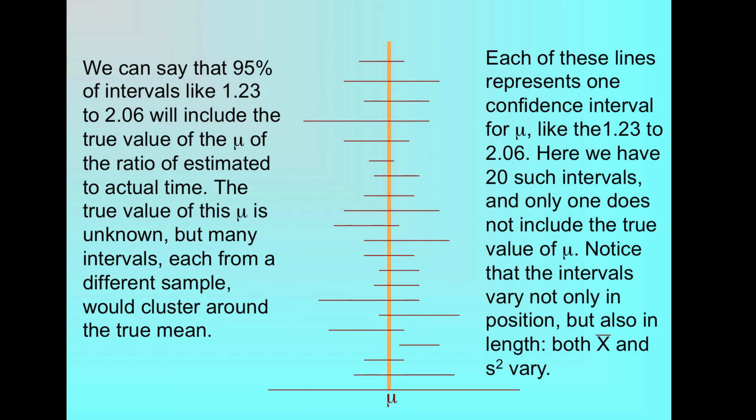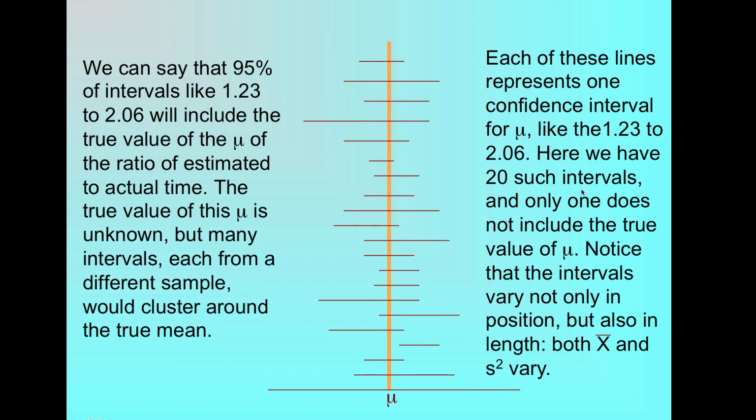And as I said before, you can say that 95% of these intervals, such as 1.23 to 2.06, that's just one of these, will include the true value of mu of the ratio of estimated to actual time. The true value of this mu is unknown, but many intervals, each from a different sample, should cluster around the true mean. Each of these lines represents one confidence interval for mu, like the 1.23 to 2.06.